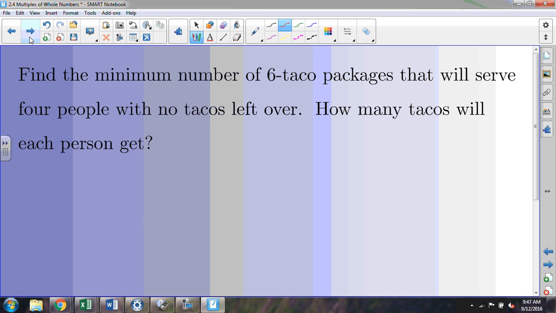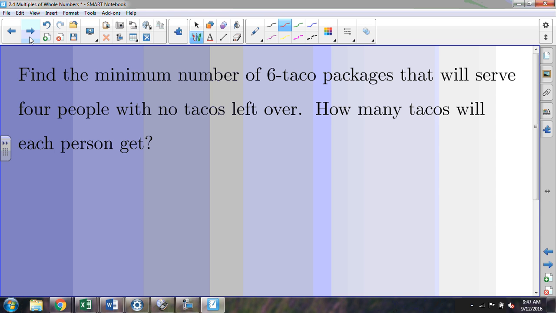Now lastly, why would we care about this stuff? Well, how could you use this? Let's say you decide to go to Taco Bell and you're going to go buy some 6-packs. How many of those 6 taco packages will you have to have for 4 people? That way you have no tacos left over.